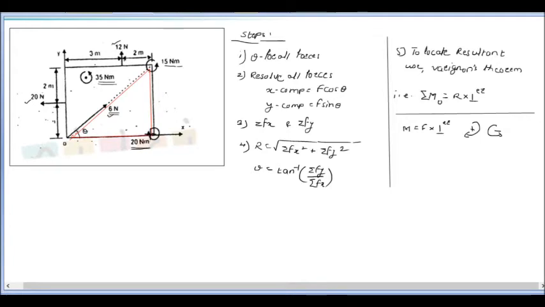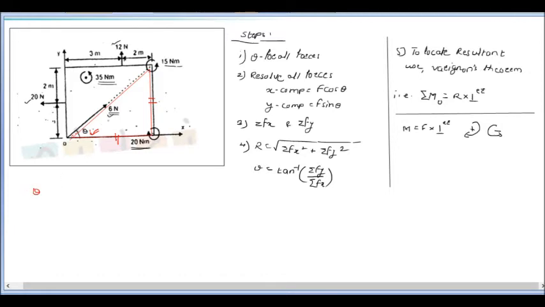Now by using this triangle we can calculate this angle. For calculating this angle, at least we need any two parameters. If this side is available and this side is available, we can calculate angle theta with respect to the x-axis.